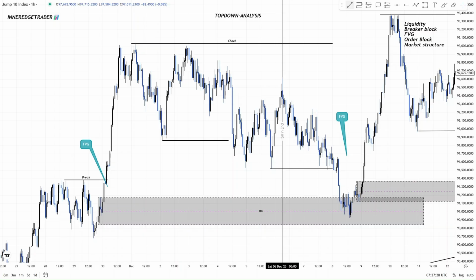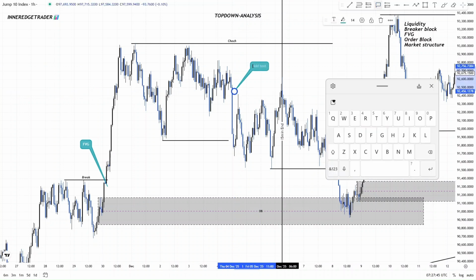What I say is there's accumulation, manipulation, and distribution that moves the market. So during the accumulation stage, if you want to get a good trade, you should look for a valid fair value gap in the 1 hour zone that causes a break of structure.